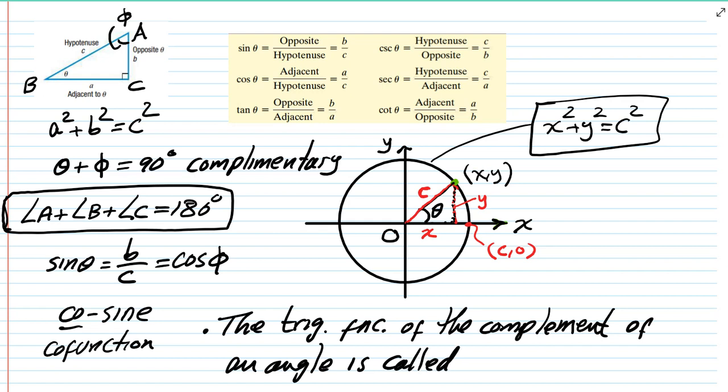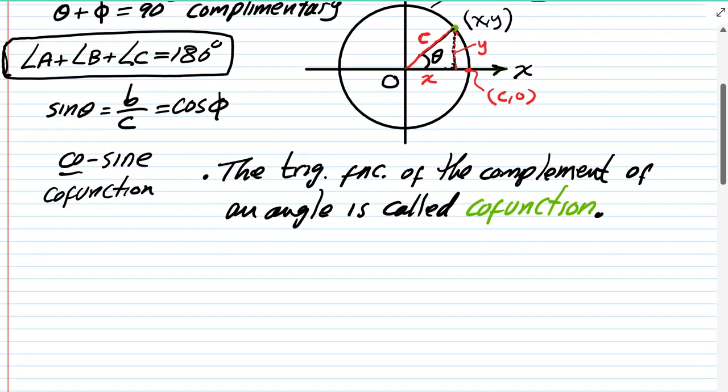For instance, the co in cotangent stands for cofunction of tangent. Cosecant is the cofunction of secant. So that's something very interesting that exists between an angle and its complement.